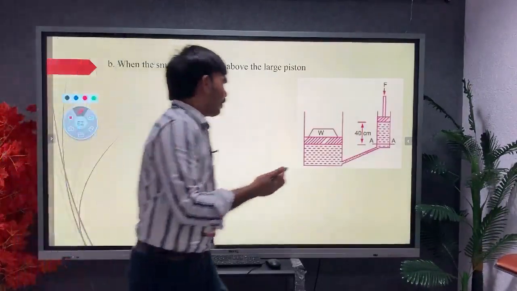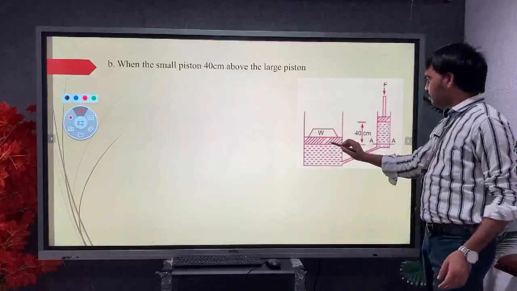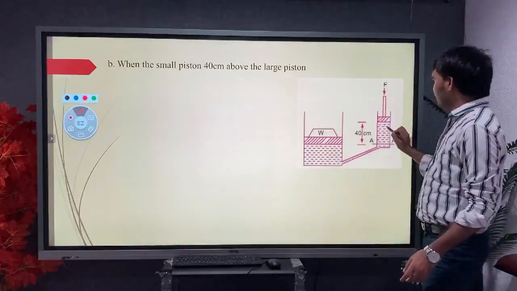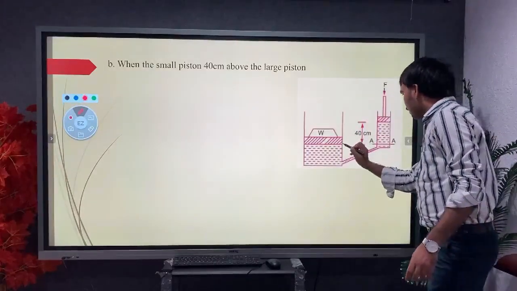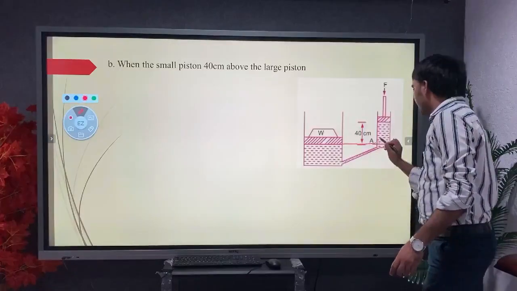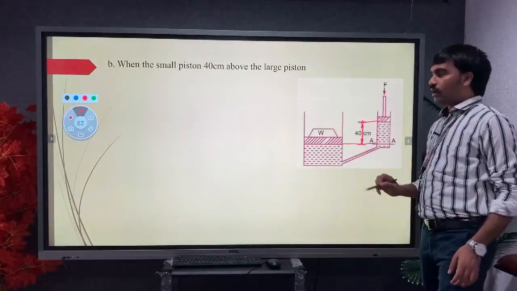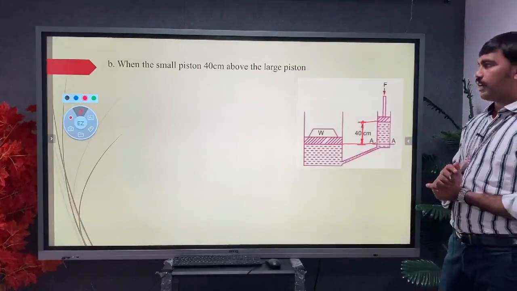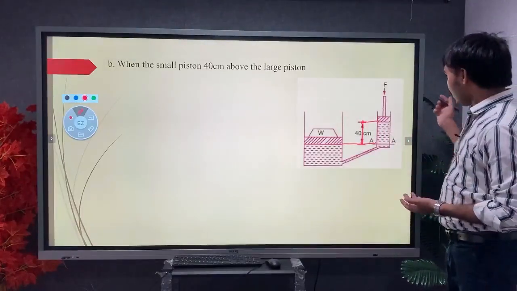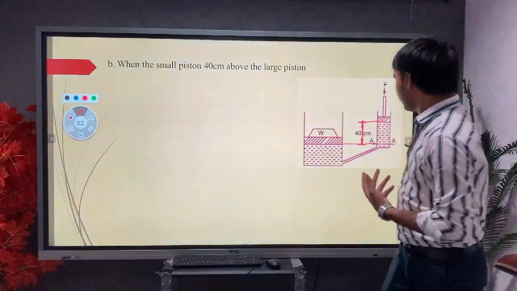Earlier the two pistons were at the same level. Now the difference between the two pistons is 40 centimeters. Now how much weight can it lift?